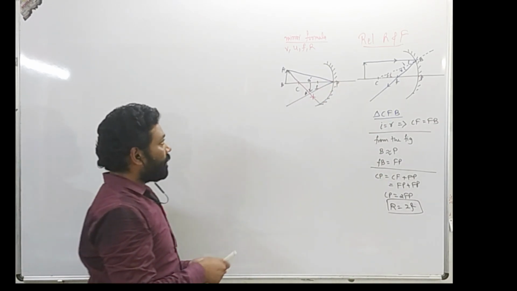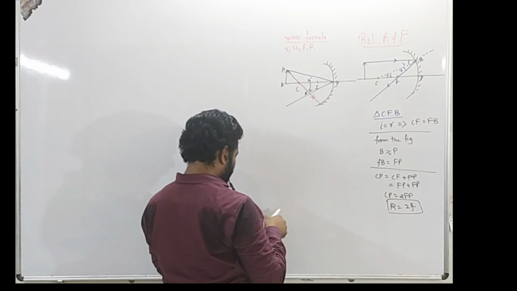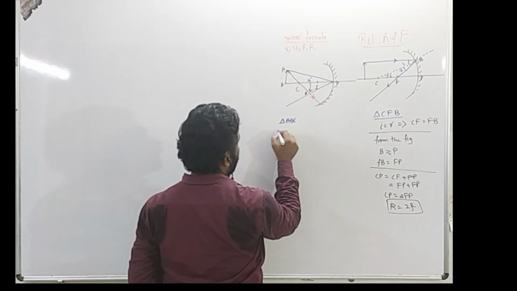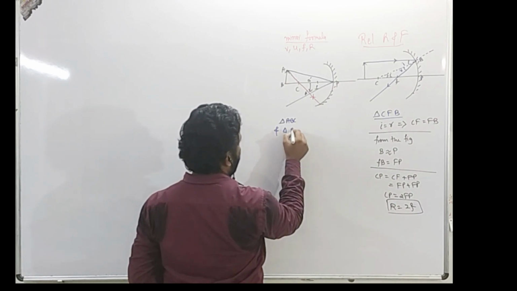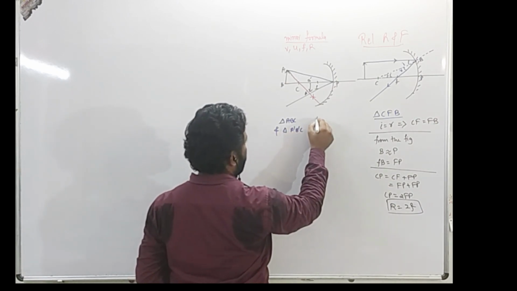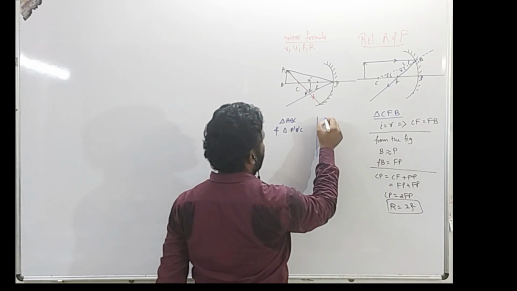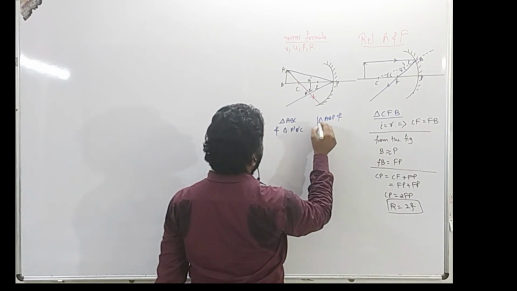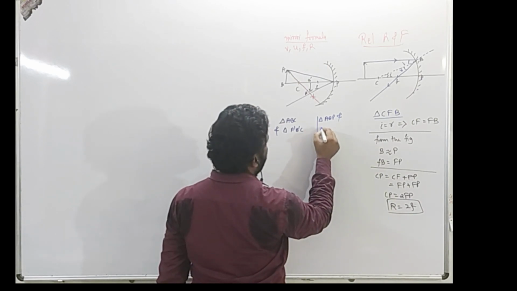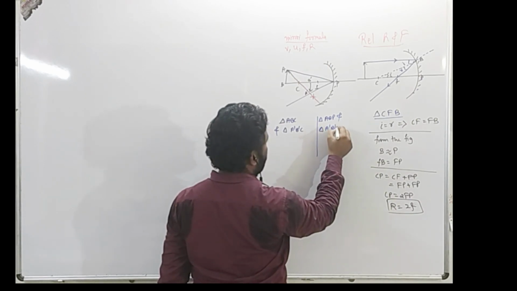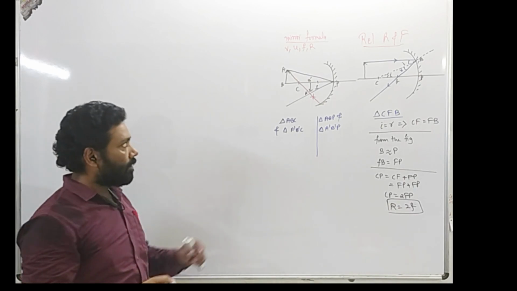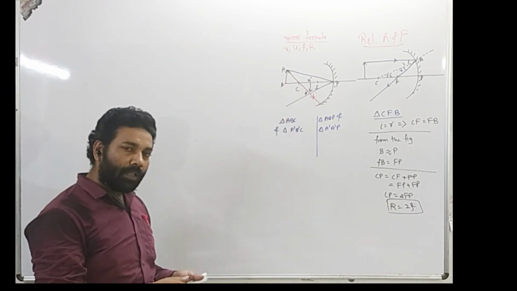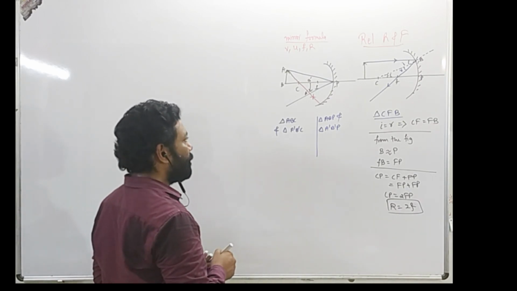In order to derive the mirror formula, we'll take up two triangles, triangle ABC and triangle A dash B dash C. As well, we'll take one more pair of triangles, ABP and triangle A dash B dash P. These two triangles are similar to one another. No need to prove the similarity, assuming that they are similar.